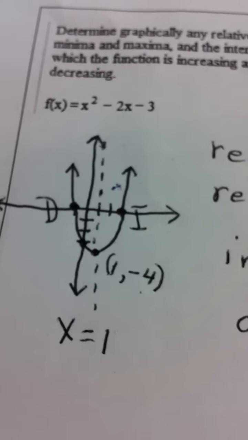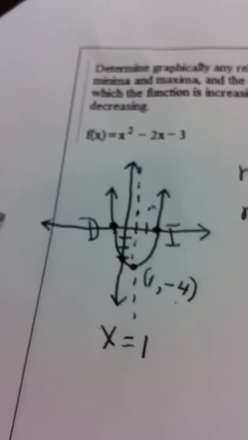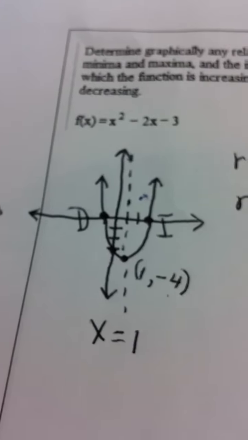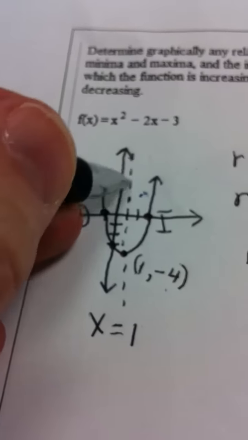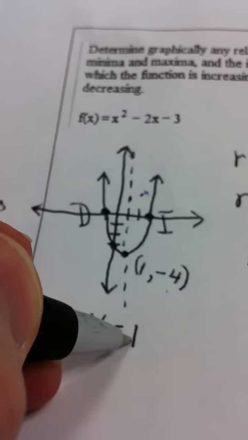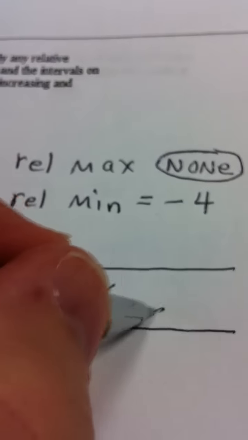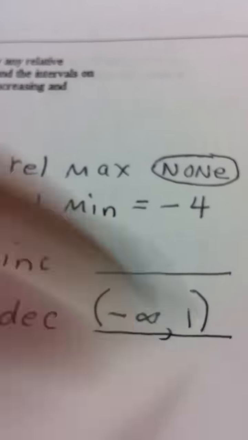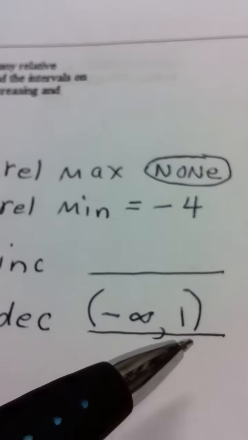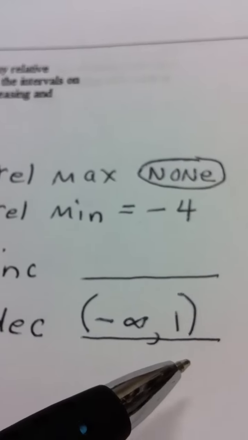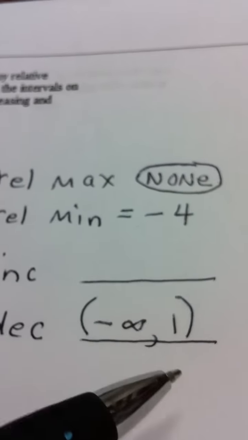So if I want to know where a graph is decreasing, I'm coming on the x-axis from negative infinity to the x value of 1. So decreasing will be going from negative infinity to 1. And again, remember, with increasing and decreasing, you never put a bracket. It's always an open interval.